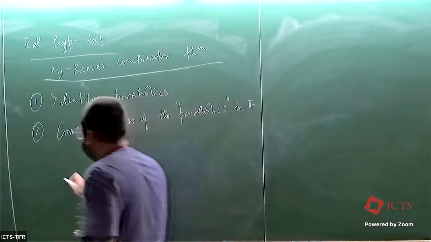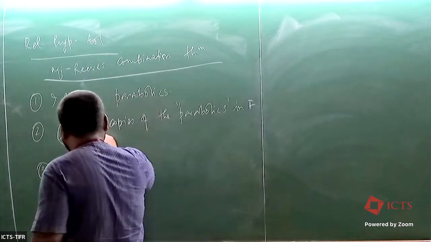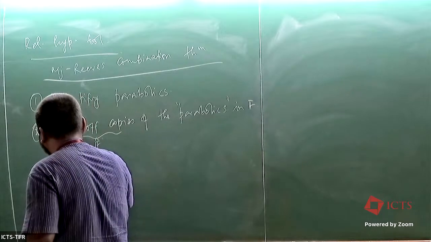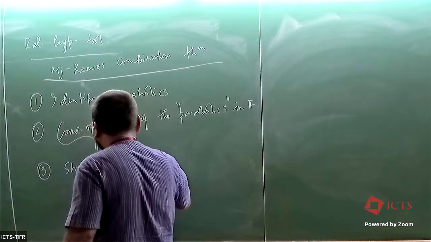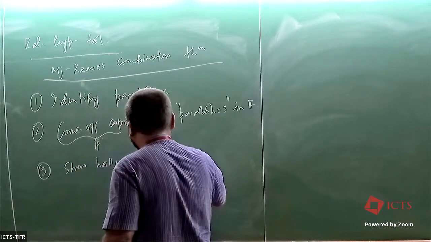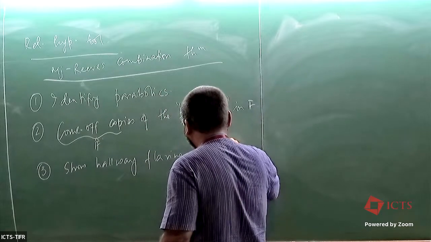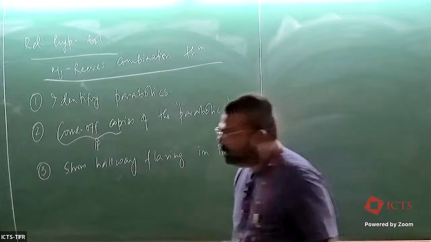Third one is, so if we call this, maybe let's call this F hat. So show hallway flaring in F hat. So you have the electrocuted metric, you want to show the hallway flaring.